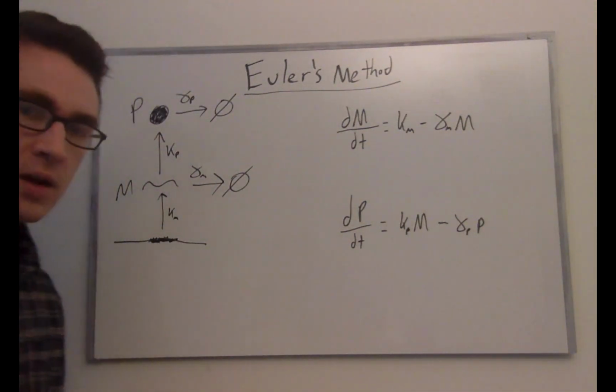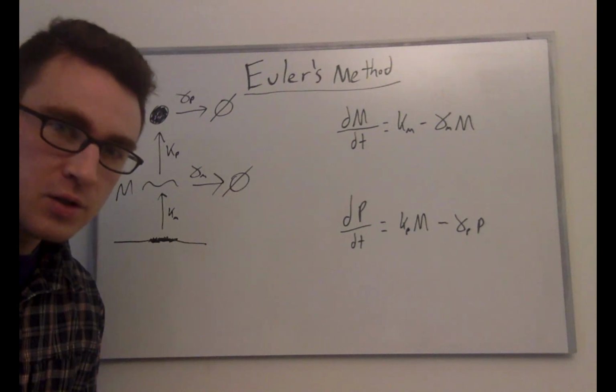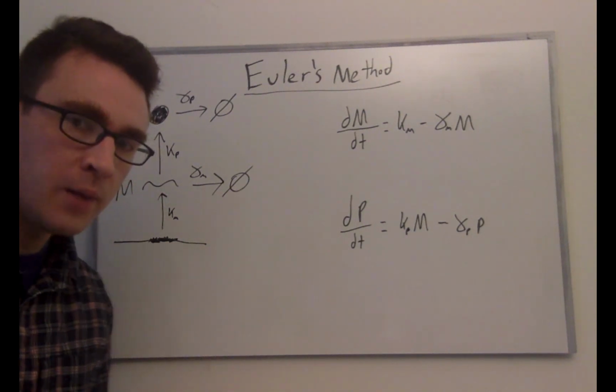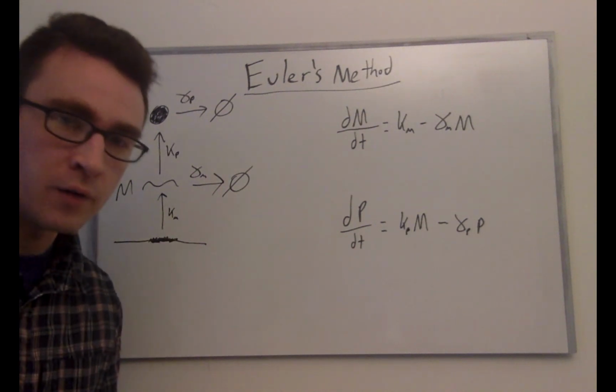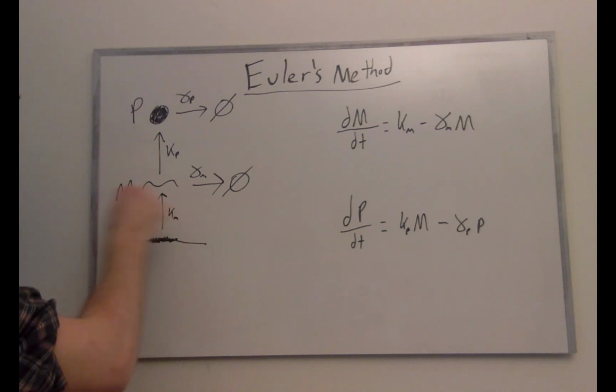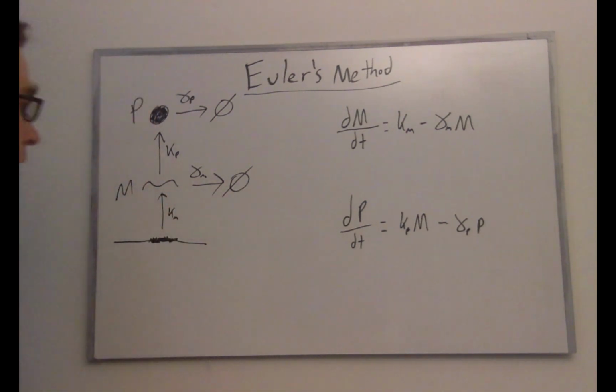Okay, so this is a little diagram of the example system I'm going to be using. This is what's known in molecular biology as the central dogma. Basically the idea is that segments of DNA called genes are transcribed into strands of messenger RNA, or mRNA.